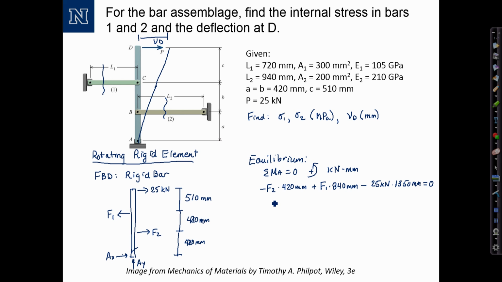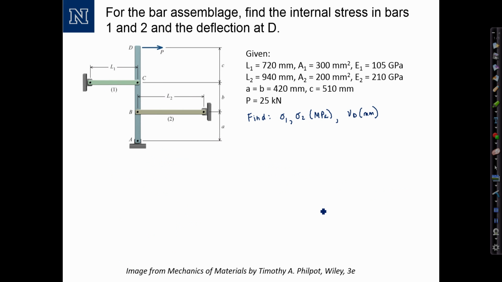Set that equal to 0. And just noting that this quantity, if we calculated it out, is 33,750 kilonewton millimeters. I'm going to leave the equilibrium equation in that form for the moment and move on to a new sheet to draw my compatibility equation.